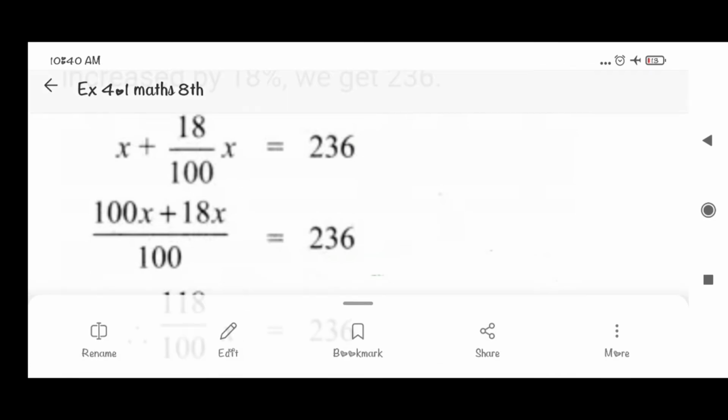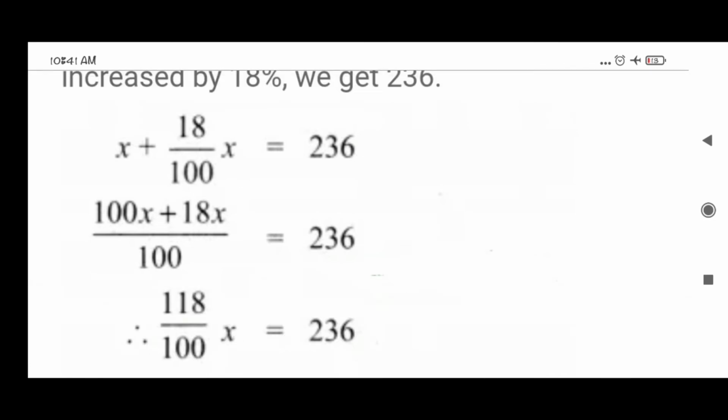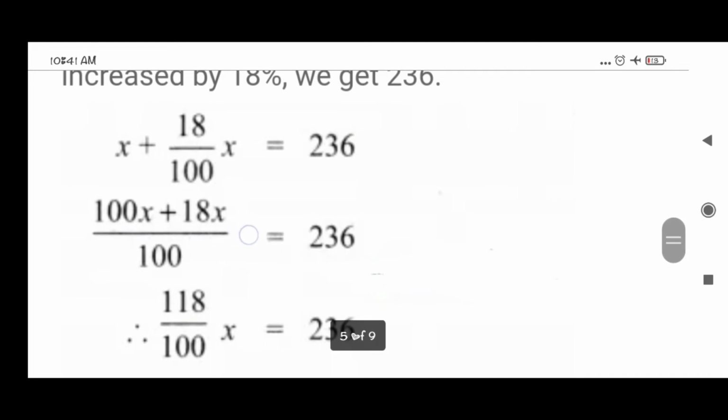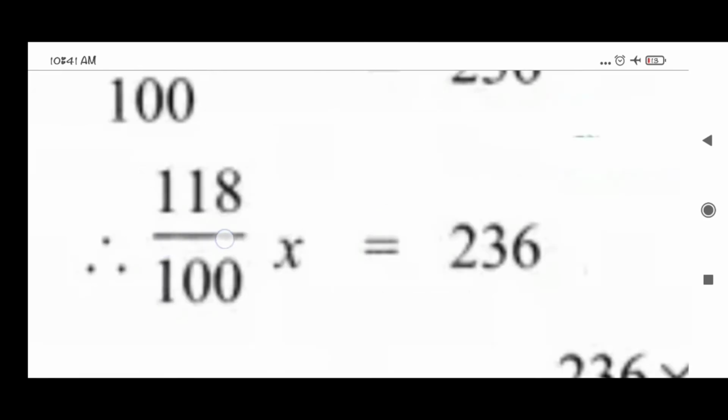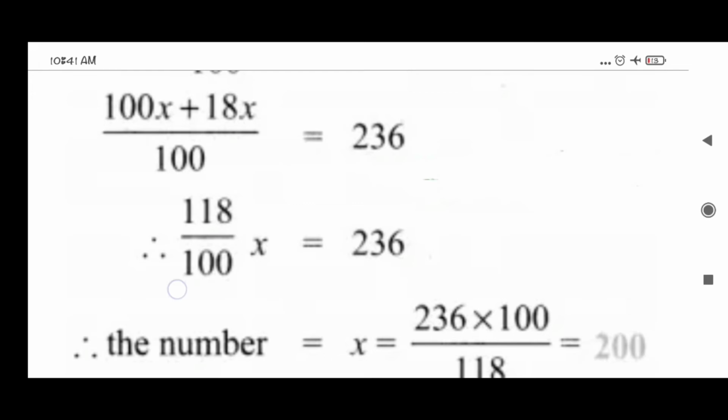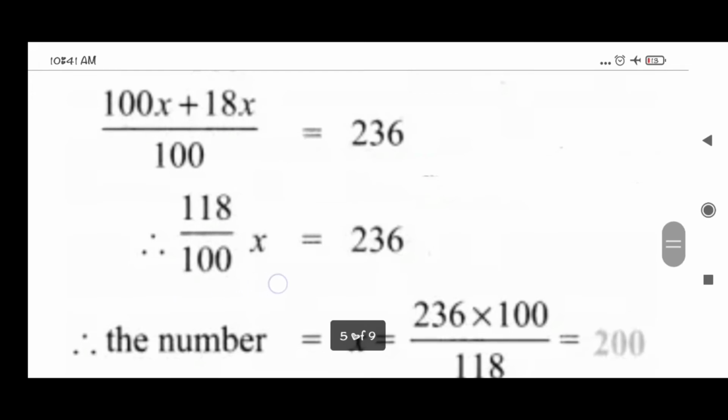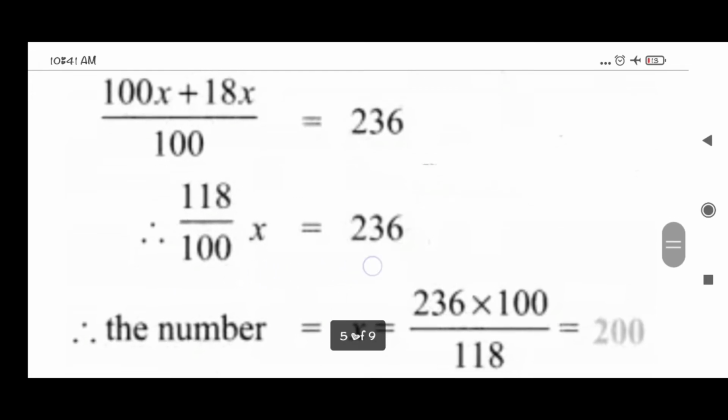The denominator is 100, so we need to cross multiply. 100x plus 18x divided by 100 is equal to 236. So 100x plus 18x, 118x, we can add this. So 118x divided by 100 is equal to 236.